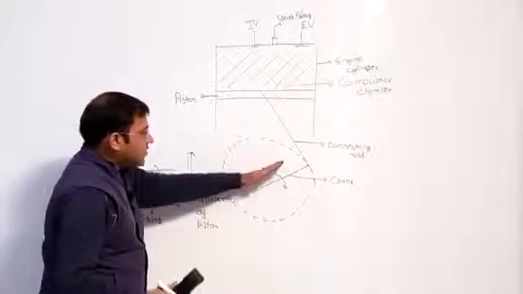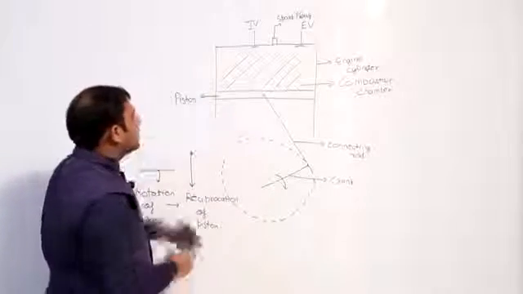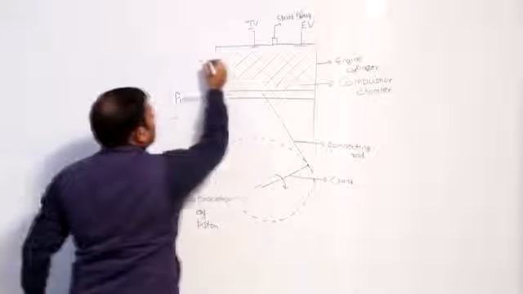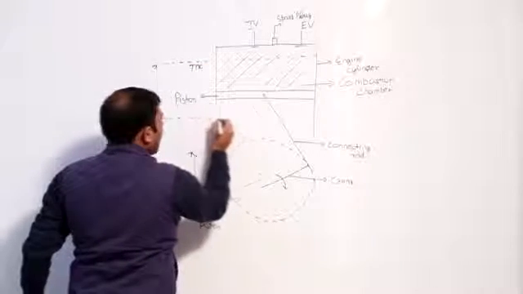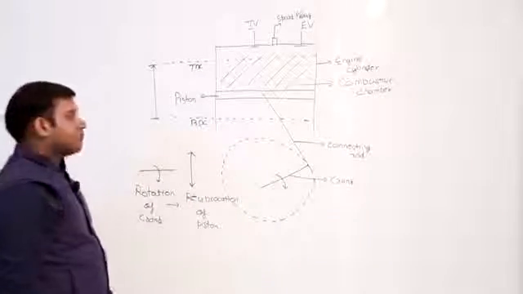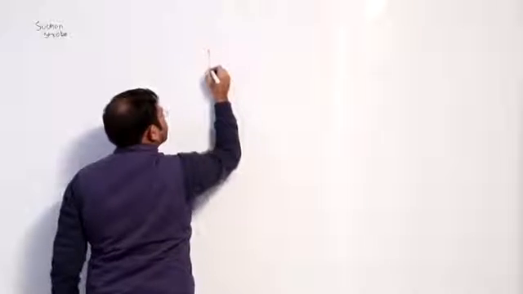Now see, when this crank rotates, this piston will move from upside to downward. So there will be a reciprocating motion between top dead center and bottom dead center. Now first of all, come to the suction stroke.